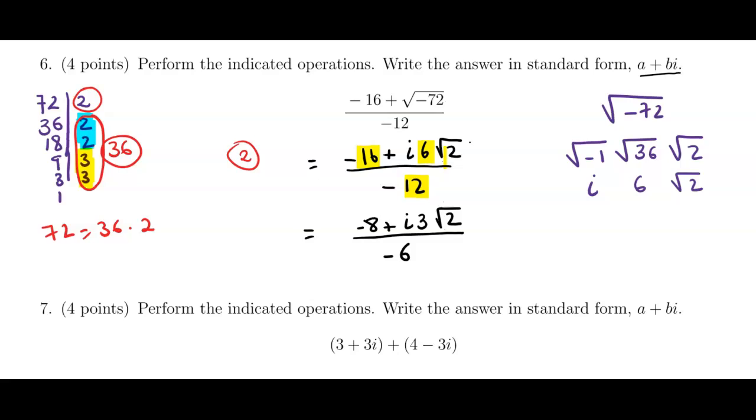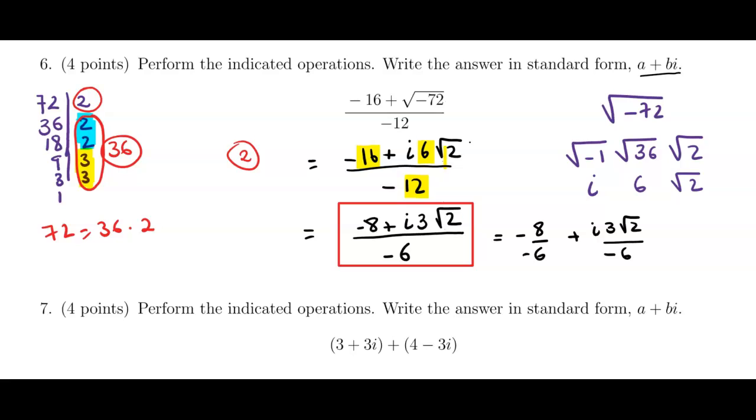Now, if they ask for a plus bi, what you need to do is break it down. So this is minus 8 over minus 6, plus i 3 radical 2 divided by minus 6. Now you have to do another simplification. 8 divided by 6: negative and negative is positive, and it becomes 4 over 3, dividing both by 2.